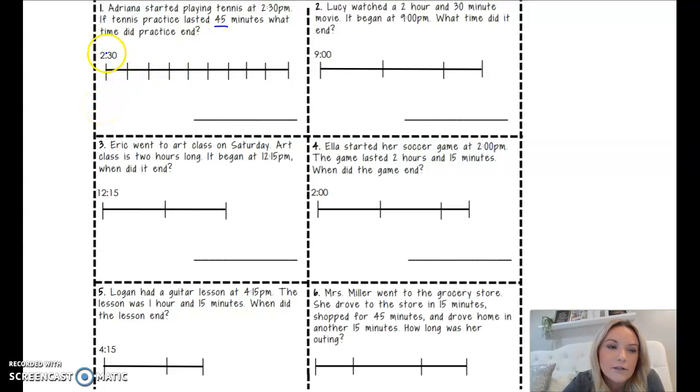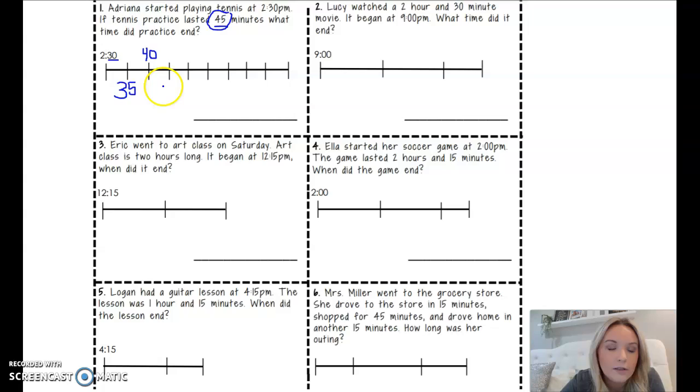So it starts here at 2:30. We're going to try and count by fives to count the 45 minutes that the practice lasts. If I count by fives, it would be 2:35, because I'm starting with 30, and then this line would be 2:40.